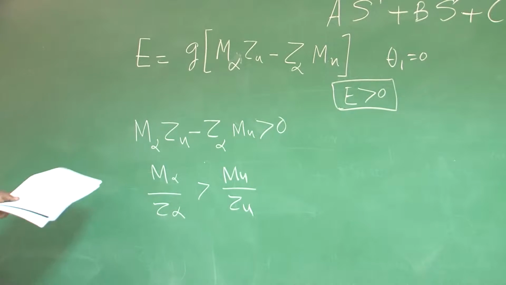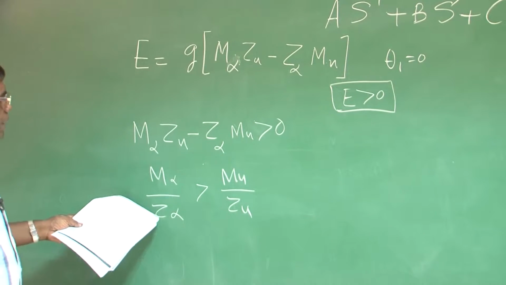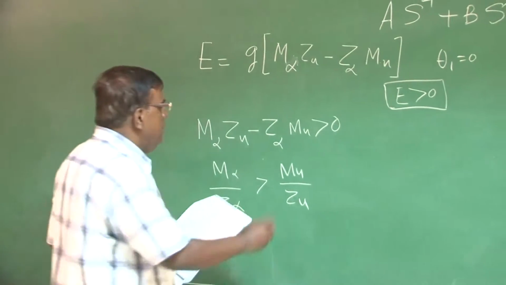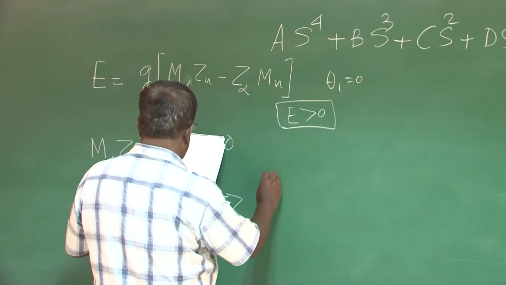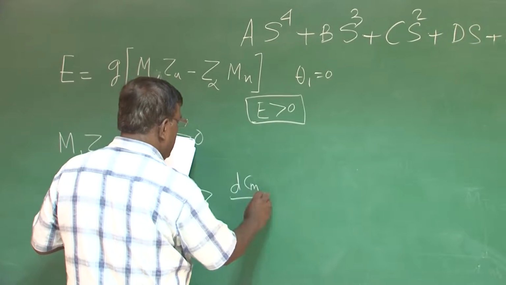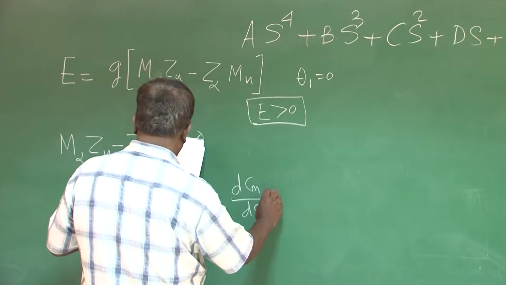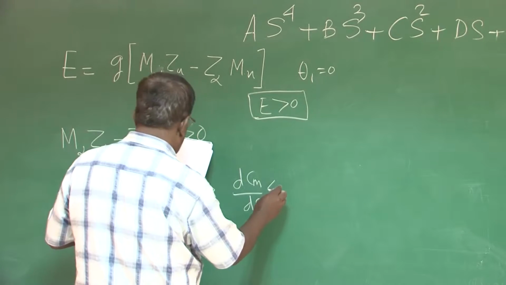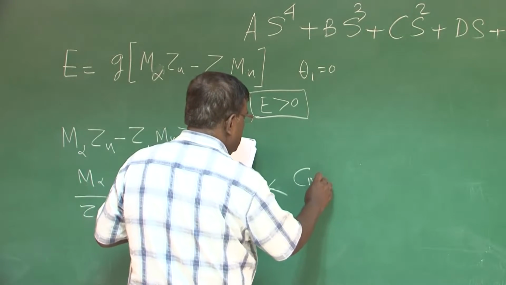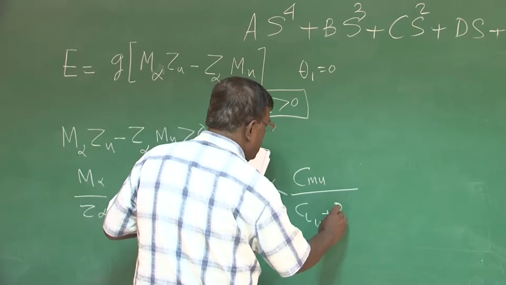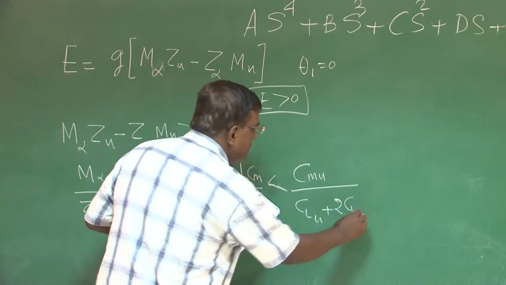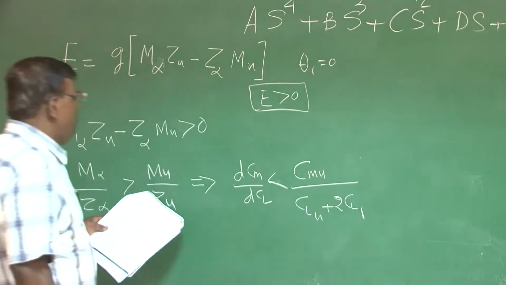right? Now, you substitute the expression of m alpha, Z alpha, mu and Zu, then you will get this expression as dCm by dCl less than Cmu by Clu plus 2 Cl1. I am sure you should be able to do it.